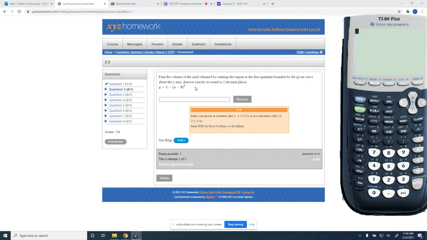Now, which method do we use? Well, the method that you use depends upon how the equation is expressed and the limits. So from what we talked about earlier, notice that this equation is expressed in terms of x.